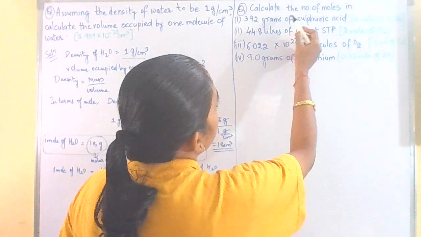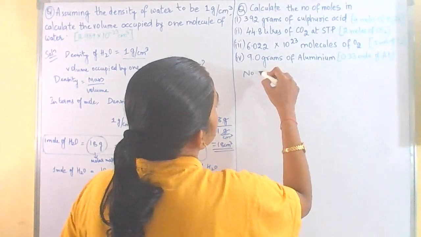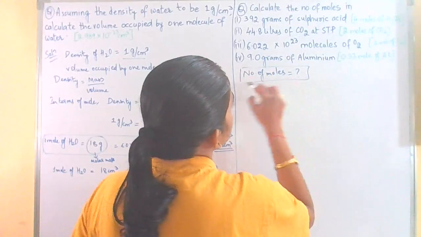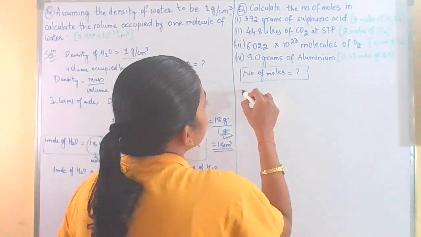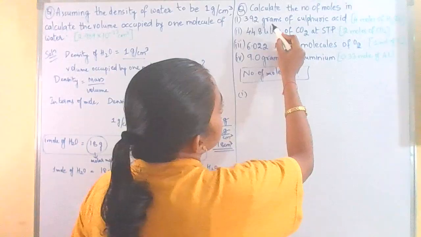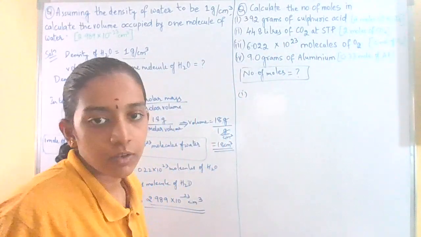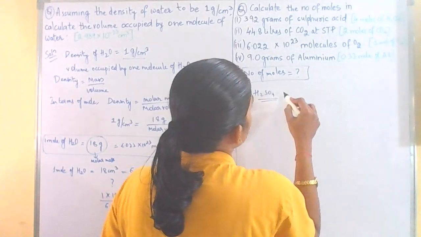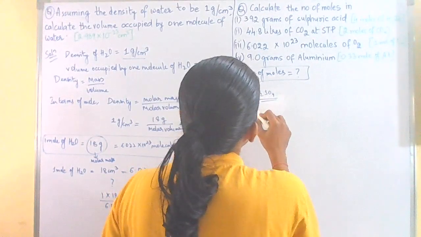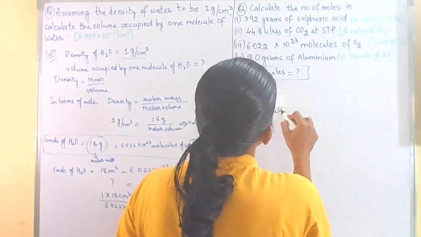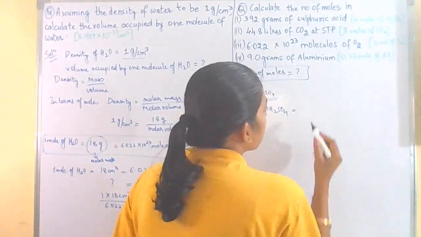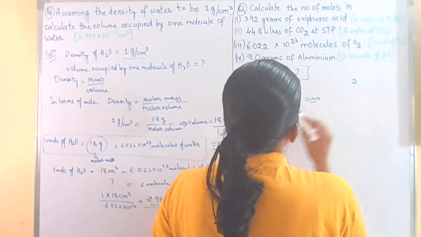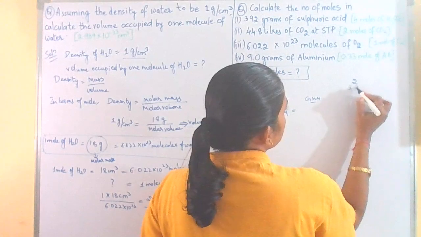Now next question, calculate the number of moles. In this question, you have to completely focus on this number of moles. First, in the first case, you have to calculate the number of moles in 392 grams of sulfuric acid. Sulfuric acid formula is H2SO4. 1 mole of H2SO4 is equal to, what is its gram molecular mass? 2 hydrogens, sulfur's atomic mass is 32.